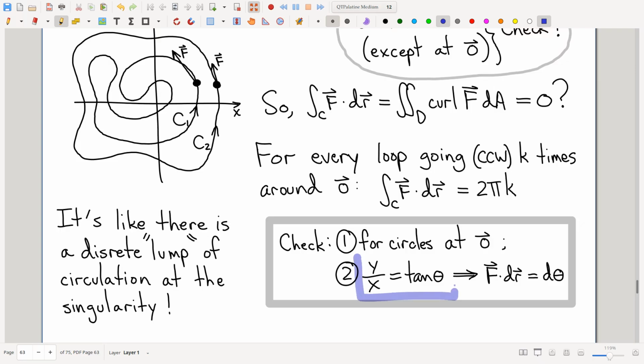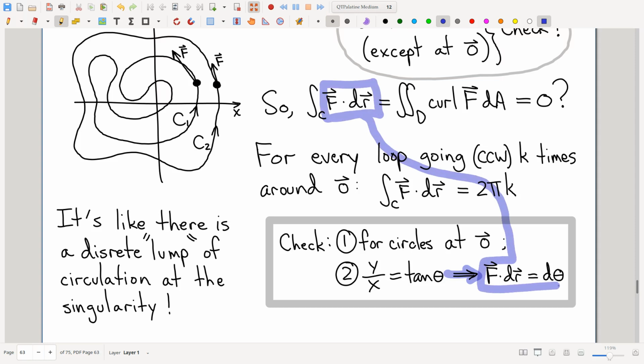Y'all remember this equation, right? That's from polar coordinates. Take the differential of both sides, and it turns out what you will get, you can rewrite at least into this form, that the thing we're keeping track of as I compute that integral, as I go around my path, I'm just keeping track of how much theta changes.